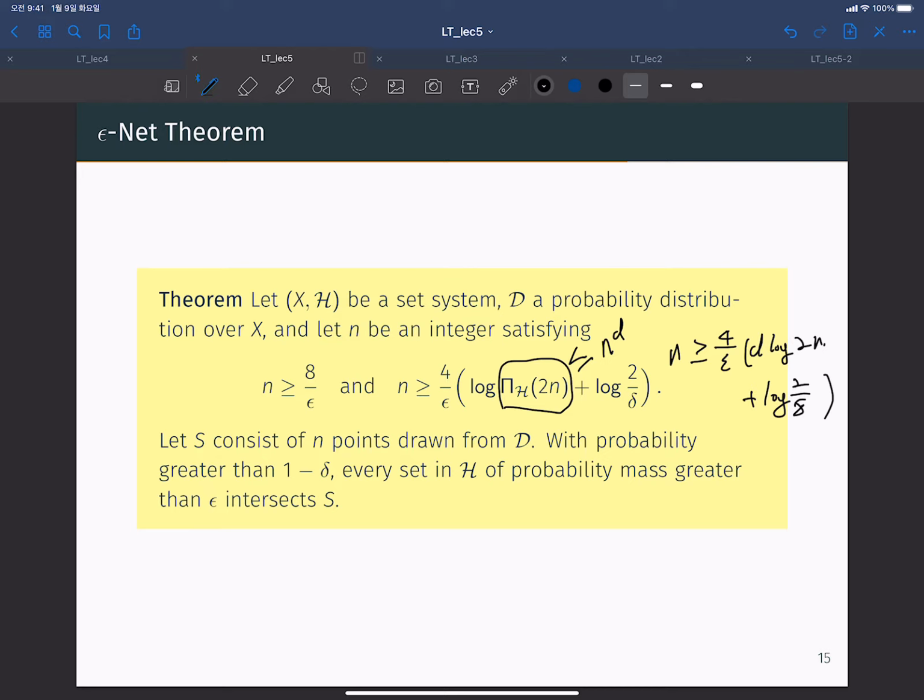So when n is greater than 8 over epsilon and 4 over epsilon times (d log 2n plus log 2 over delta), then let S consist of n points drawn from distribution D, randomly drawn from a given distribution D, with probability greater than 1 minus delta.